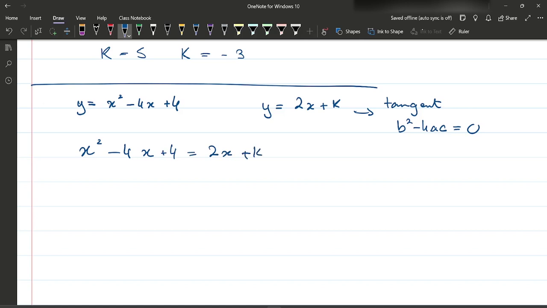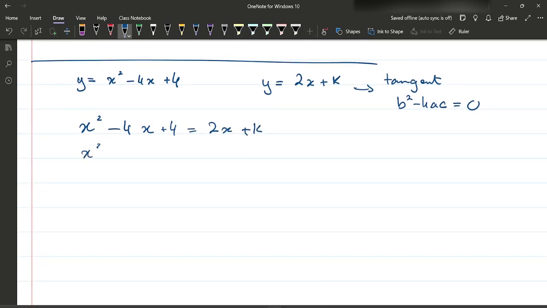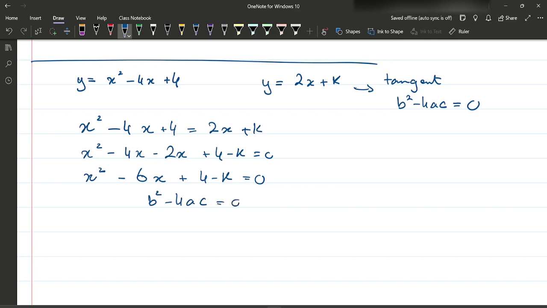2x plus k. Okay, so x squared minus 4x minus 2x plus 4 minus k equals 0. X squared should give us minus 6x plus 4 minus k equals 0. Now, write the discriminant, b squared minus 4ac equals 0. b is minus 6 squared minus 4 times 1 times 4 minus k equals 0.